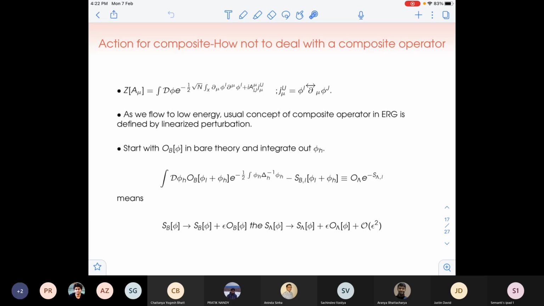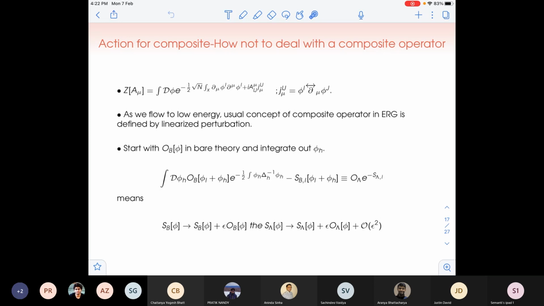Whatever is left is O lambda e to the power minus S lambda I. You can see this as perturbing the bare action by a small epsilon times the bare operator OB, and then seeing how S lambda at low energy lambda changes. The change proportional to epsilon, we collect, and we call that the composite operator.